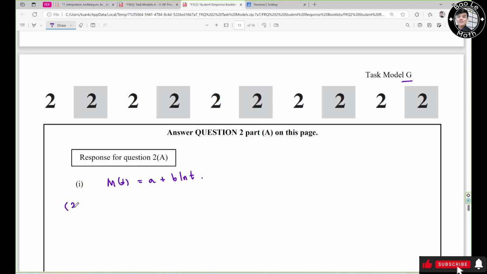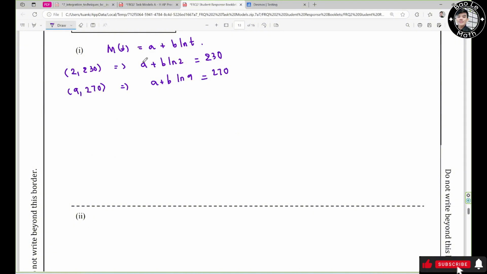Now for the ordered pair 2, 230, you have a plus b natural log of 2 equals 230, right? The second one is going to be 9, 270, right? So we have a plus b natural log of 9 equals 270, right? Now we need to solve for a and b, right? So we're going to go over here. In order to do this one, you need to subtract this guy vertically. Keep in mind, when it comes to exponential functions, you need to divide.